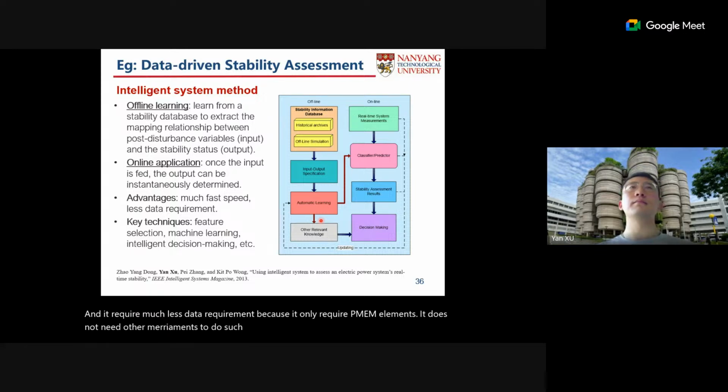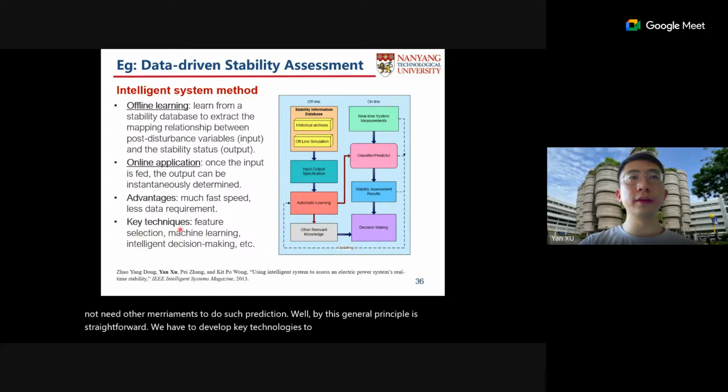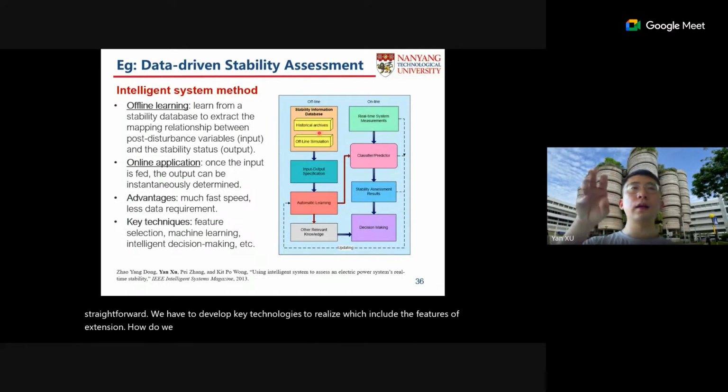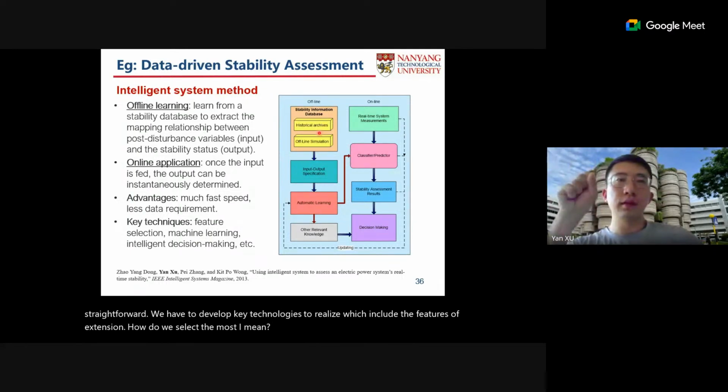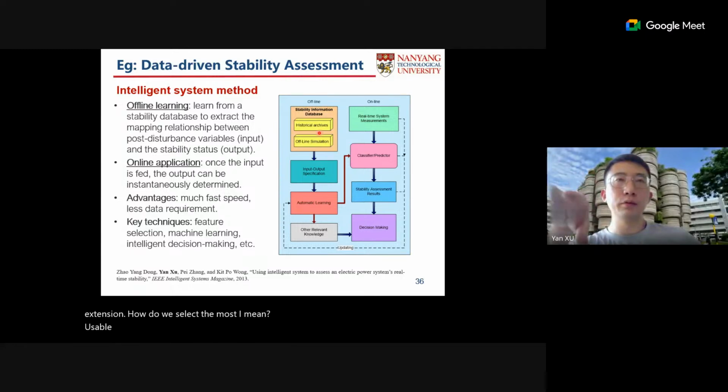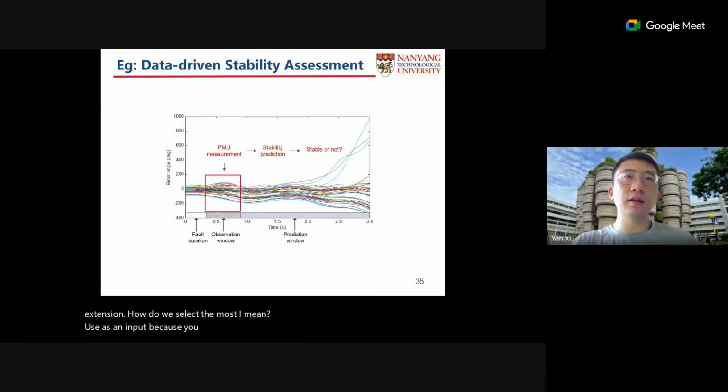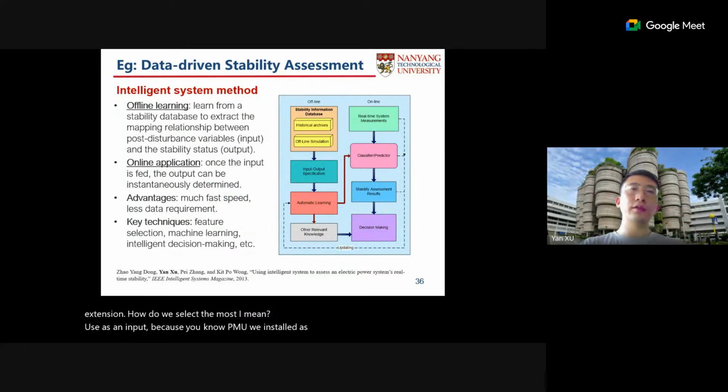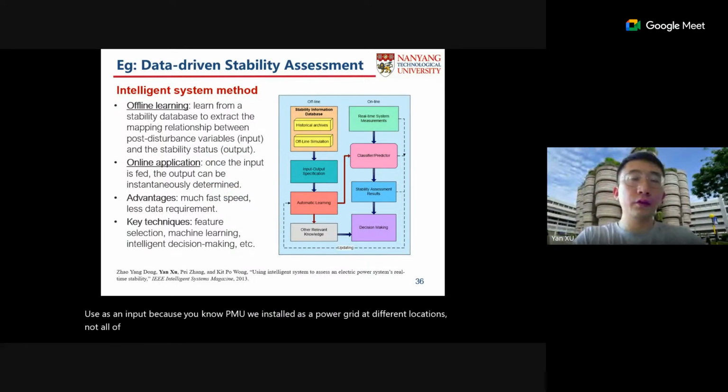While this general principle is straightforward, we have to develop key technologies to realize this, which include feature selection. How do we select the most useful PMU measurements as the input? Because PMUs are installed in the power grid at different locations, not all of them are equivalently useful for the machine learning model.